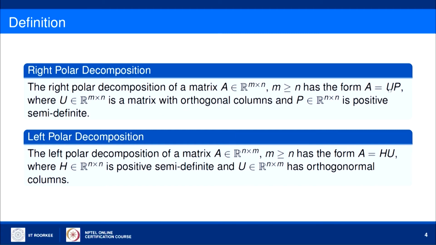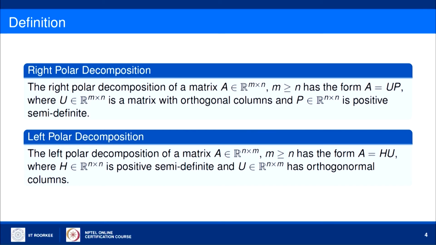So, here U is not a square matrix, unlike the case we discussed earlier, where A is a square matrix and both U and P are square. If A is of size m by n, then U will be of size m by n and P will be of size n by n.